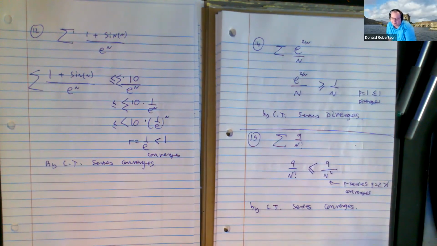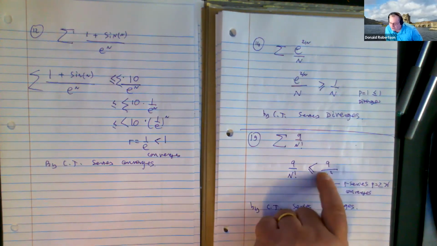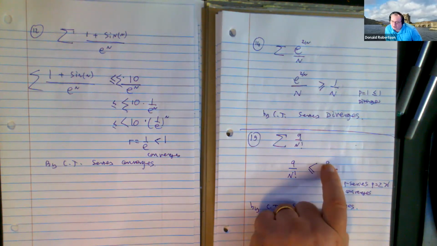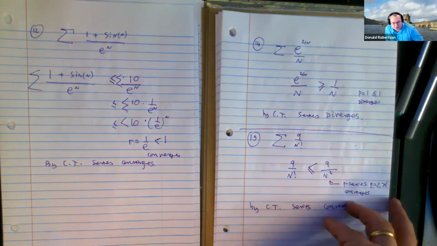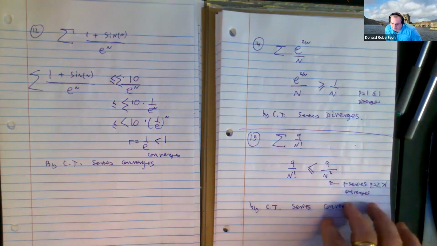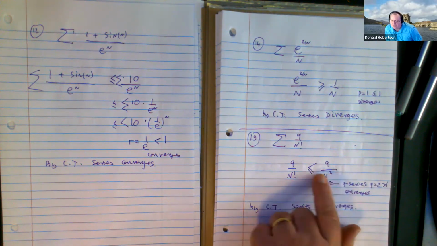You just have to prove to me, this is not the only correct answer. Couldn't I have said it was less than or equal to 9 over n cubed? And that would have been equally correct. I couldn't have said 9 over n because I would only be proving that you're smaller.